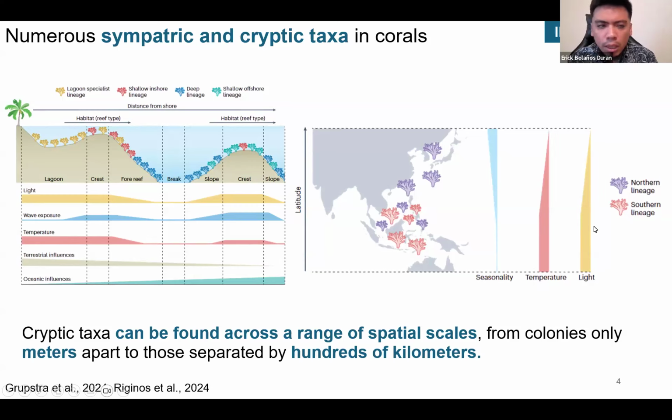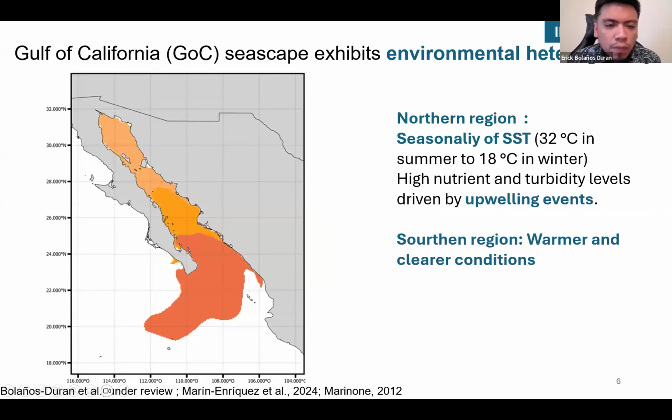I will focus on this scenario because here in the Gulf of California we have scleractinian corals, and the Gulf of California exhibits environmental heterogeneity. For example, this is a seascape classification. In the northern region, we can observe seasonality of surface temperature, and also high nutrient and turbidity levels driven by upwelling events.